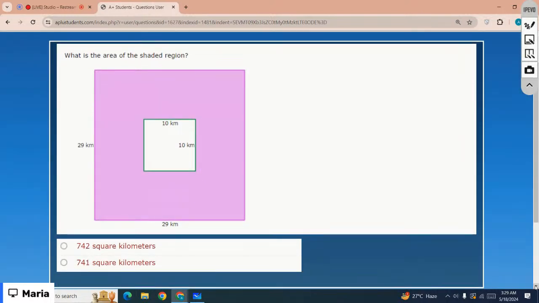The correct option is 741 square kilometers.